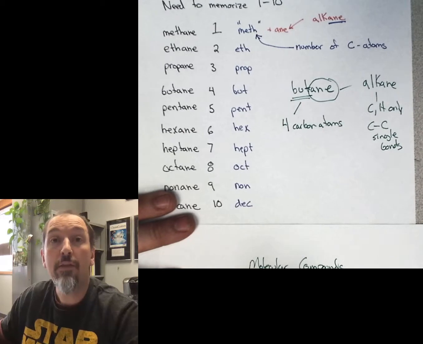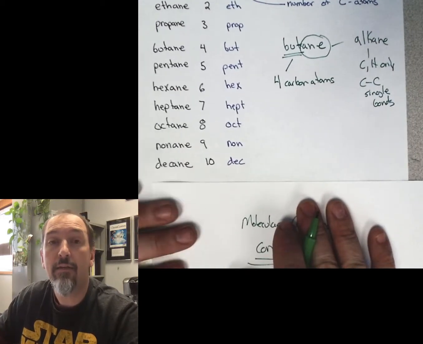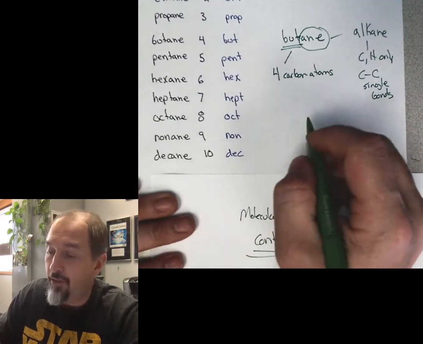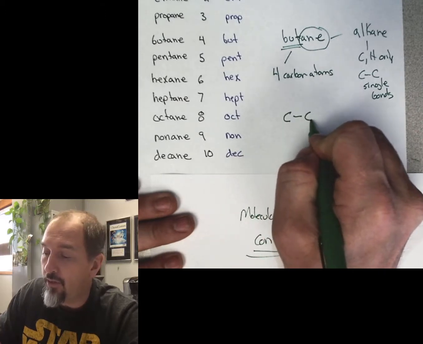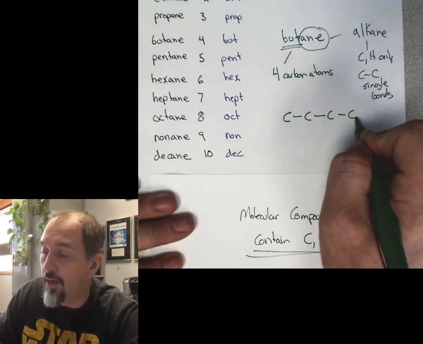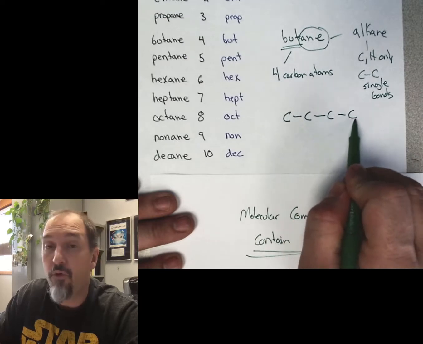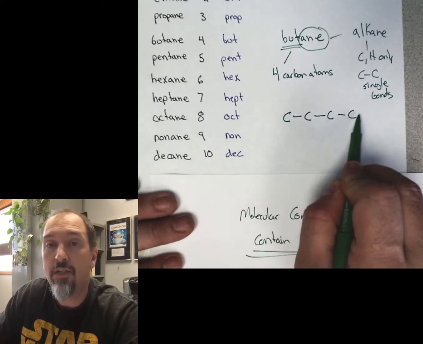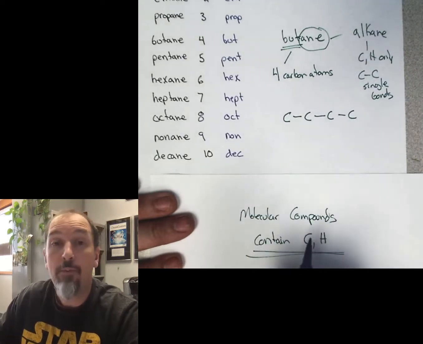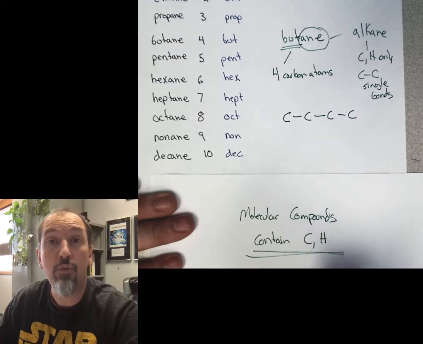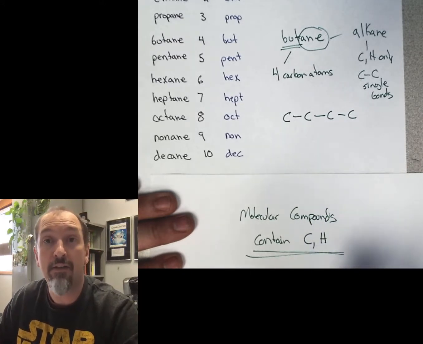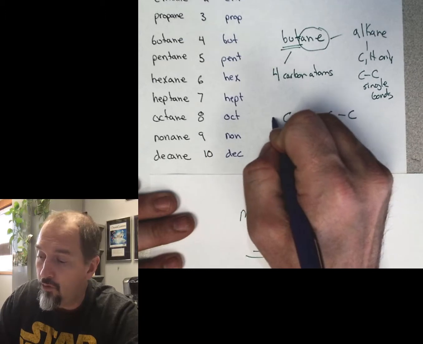So if I want to draw the structure of butane based on the name here, I'm going to draw my 4 carbon atoms in a chain, all with single bonds. 1, 2, 3, 4 carbon atoms, all with single bonds. Then if I want to put my hydrogens around, again, we base it on this rule that each carbon atom has to have 4 bonds.